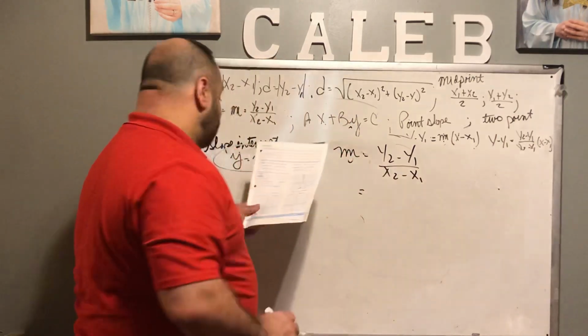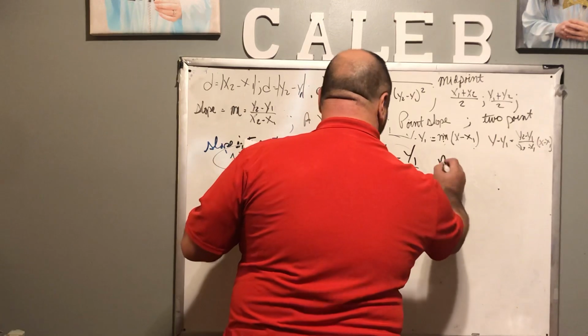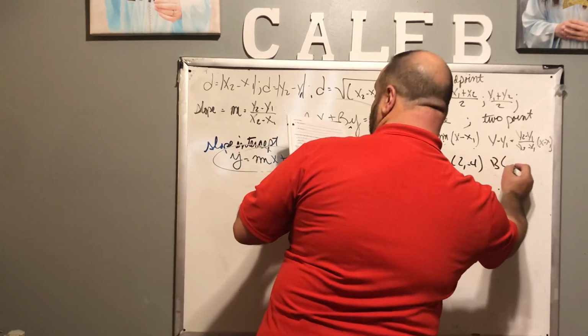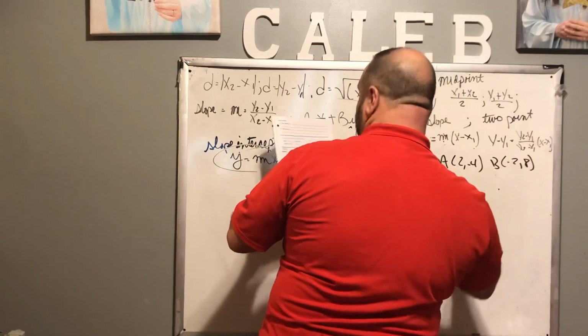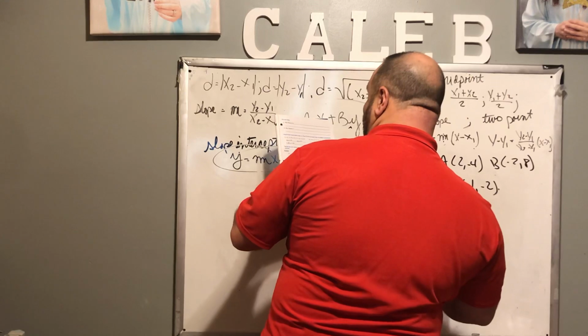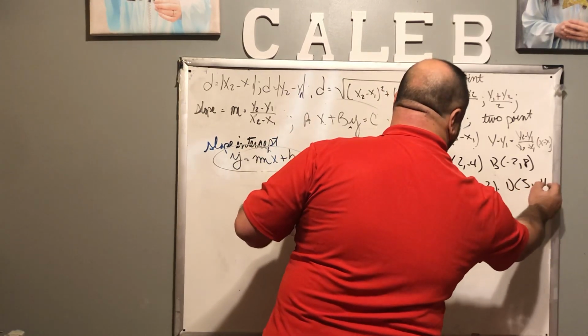Quickly looking at number 3: point A is 2, -4. Point B is -2, 8. C is -1, -2. And D is 3, -14.